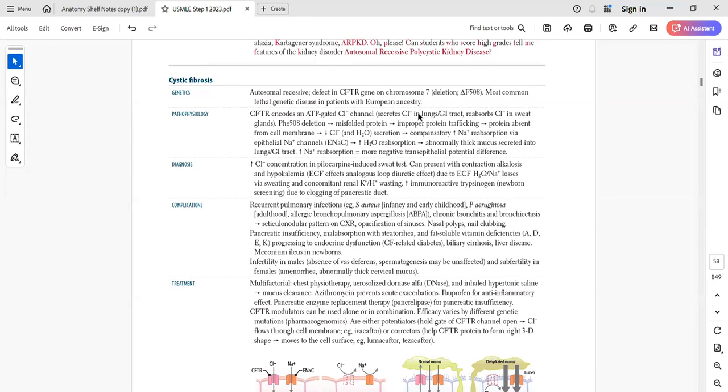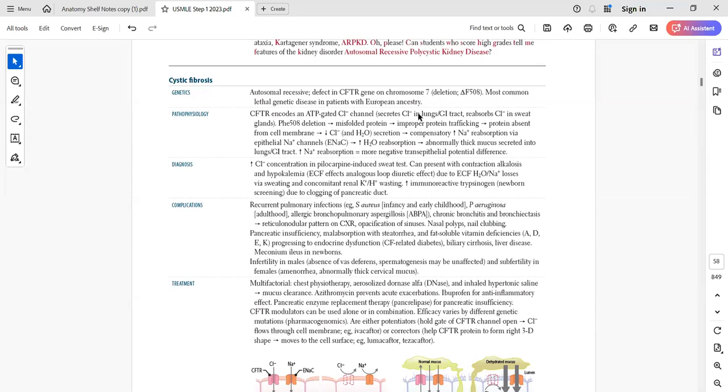In cystic fibrosis, there is also deficiency of fat-soluble vitamins, which are ADEK. There's steatorrhea, because obviously there's malabsorption taking place, and that's why there's fatty stool. There's biliary cirrhosis, there's liver disease, and you will see meconium ileus in newborns. It also causes infertility in males. Why?